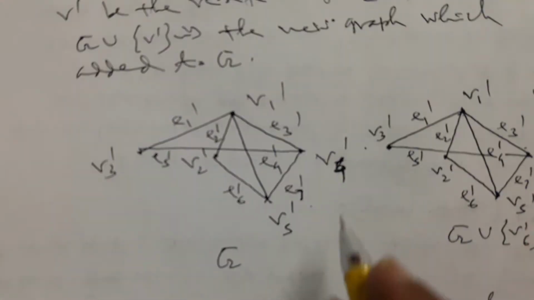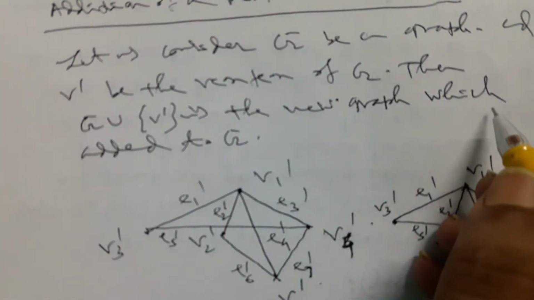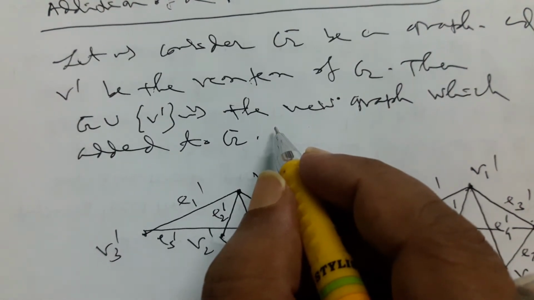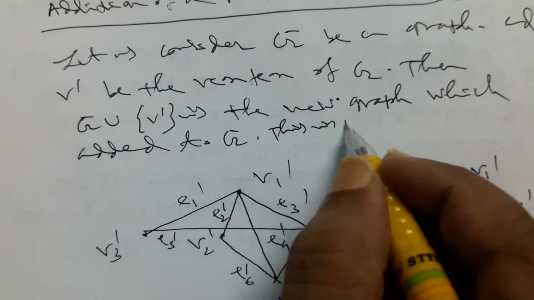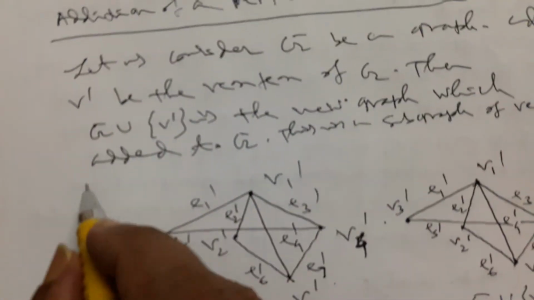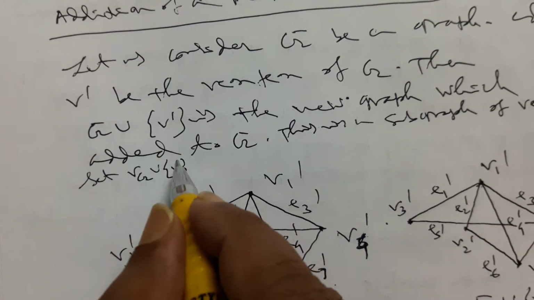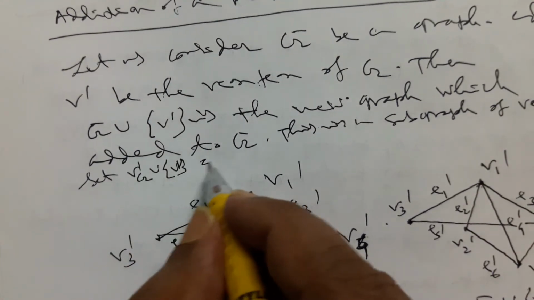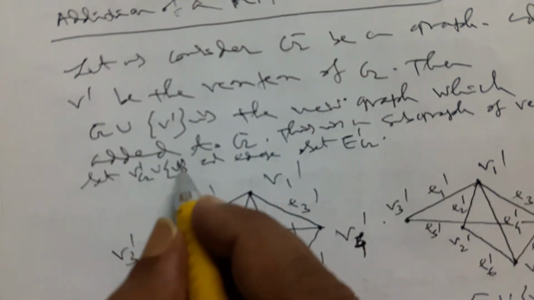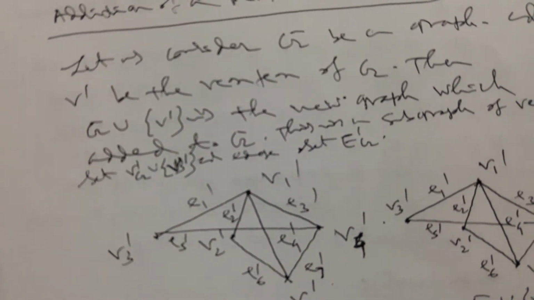And in the earlier cases, addition of a vertex, the extra point to be added, the new graph is a subgraph of vertex set V dash G union V dash and edge set E dash G. Here it is V dash G union V dash. Addition of these two.